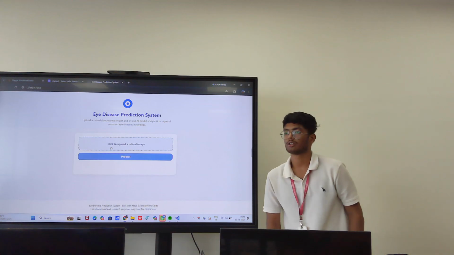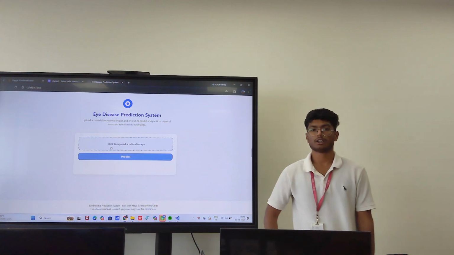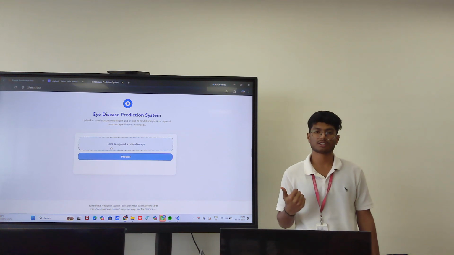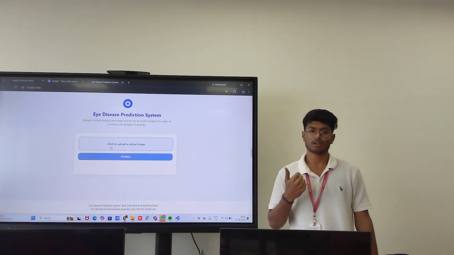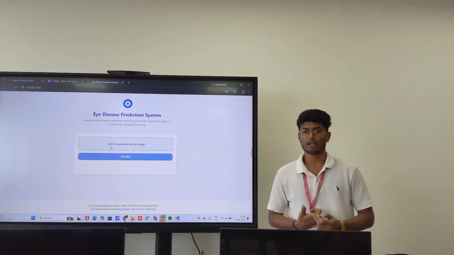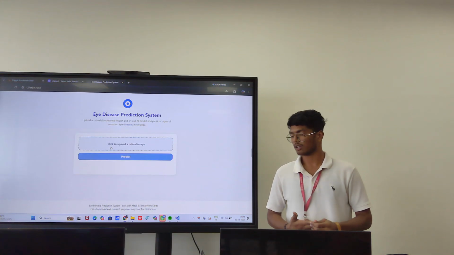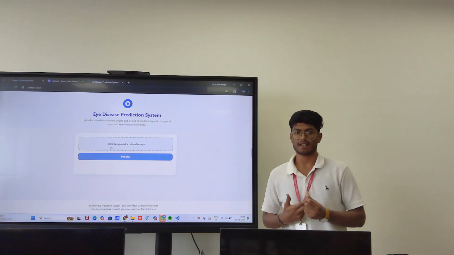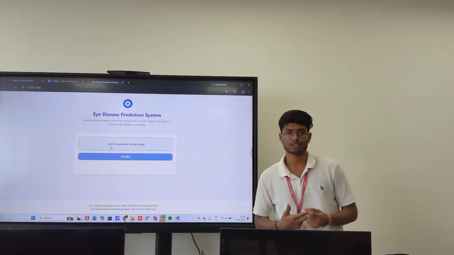Before going into it, I need to clarify one thing. Instead of using manual screening techniques, which require maximum specialist doctors and equipment, my model predicts which disease a person has by only uploading the retinal fundus image.